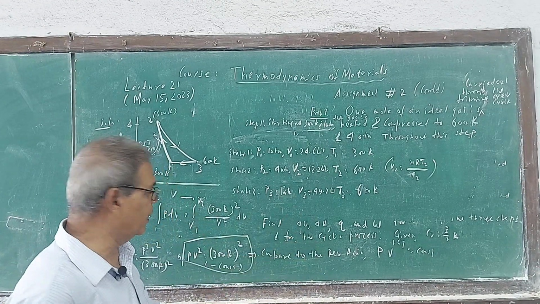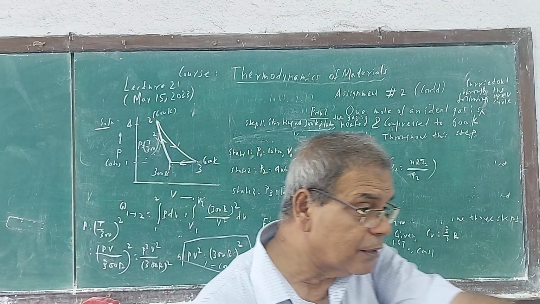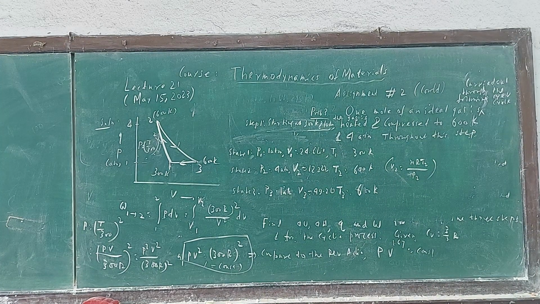So W is there, then Q is what? Q will be W plus delta U. So you do know W and delta U? How do you know?